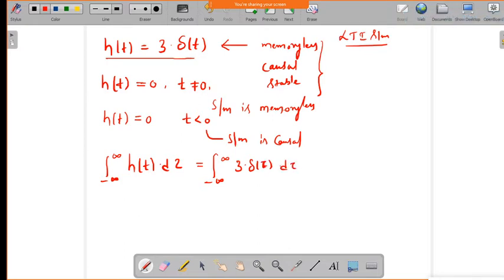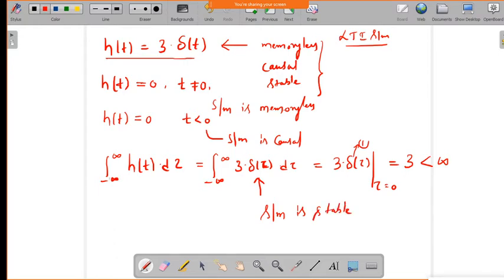This variable we can replace with del of tau. Now, del of tau equals 1 when tau equals 0. So, that means 3 into del of tau at tau equal to 0 will become 1, so then your value will be 3, which is less than infinity. So, the system is stable.